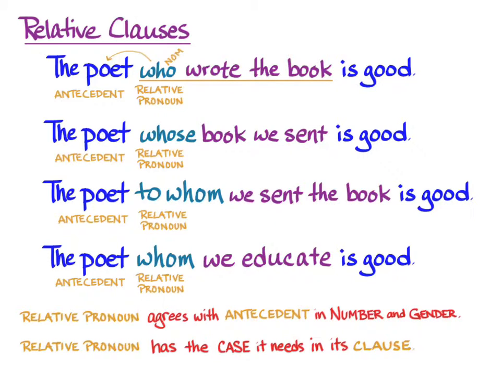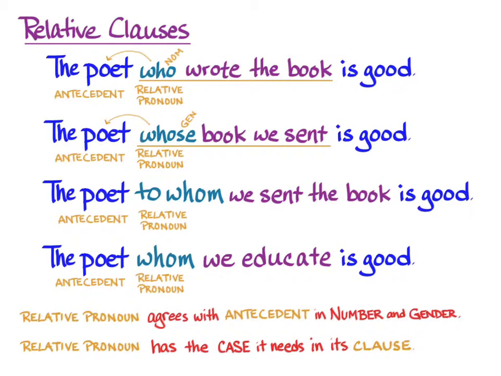In the second sentence, whose is looking back to the poet again, but it's the possessive form of the English relative pronoun. In Greek, that would be genitive, since it needs to be possessive in the clause, whose book we sent. It's identifying the poet more by telling us the book belongs to him. That's the poet who is good.